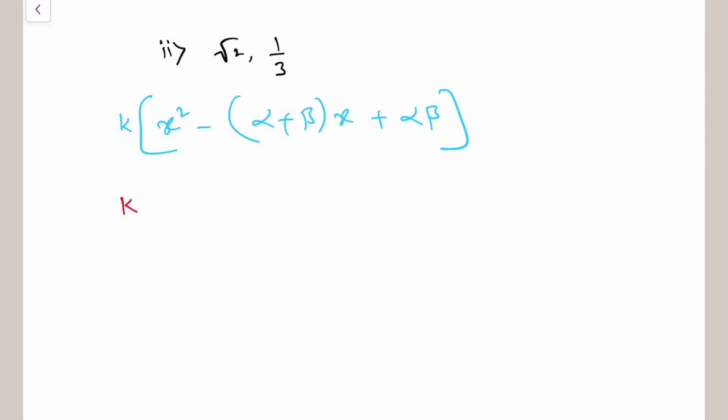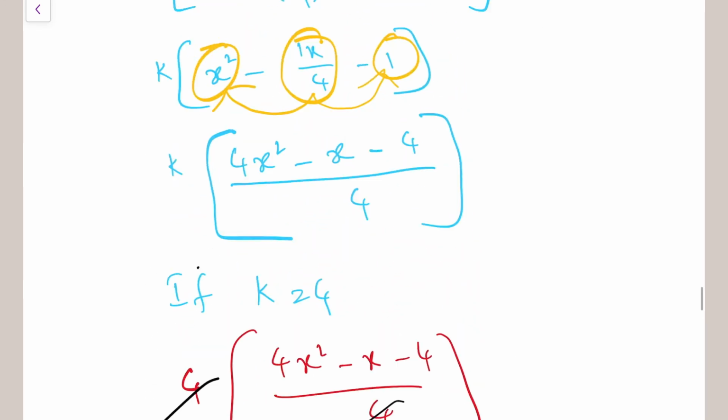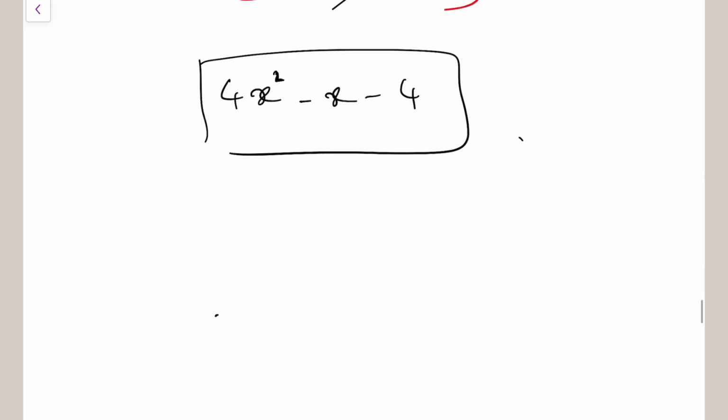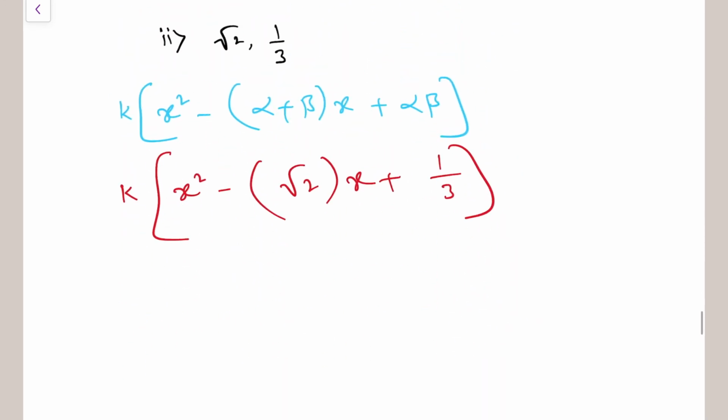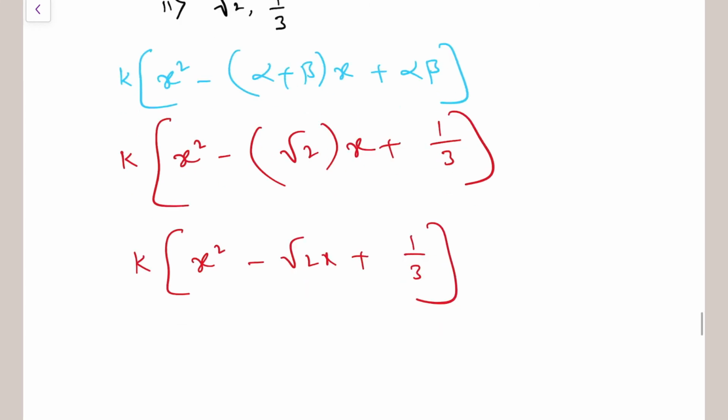K as it is into x square minus alpha plus beta is root 2 into x plus alpha into beta is 1 by 3. So what we'll get then? K into x square minus root 2x plus 1 by 3.